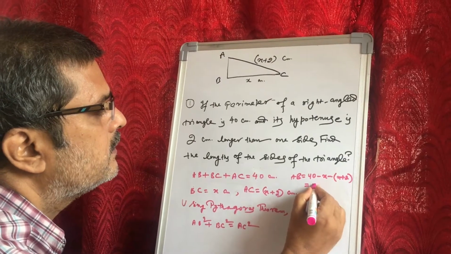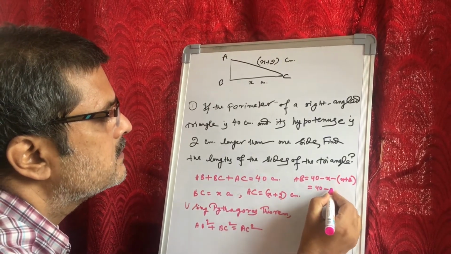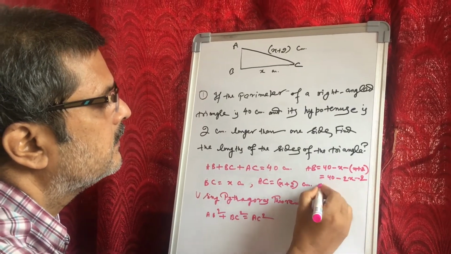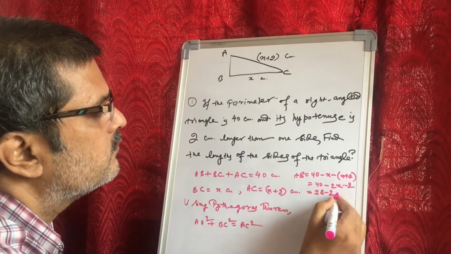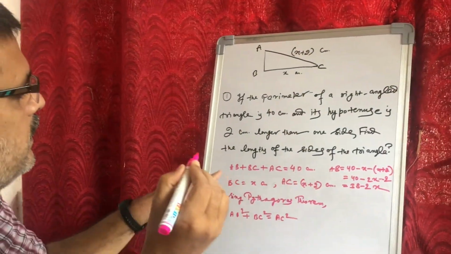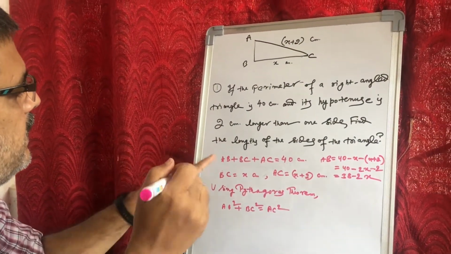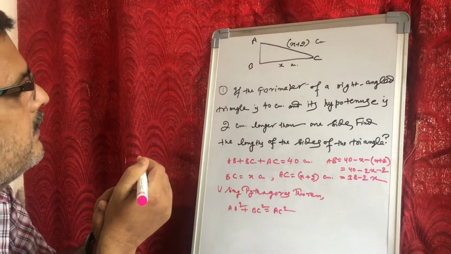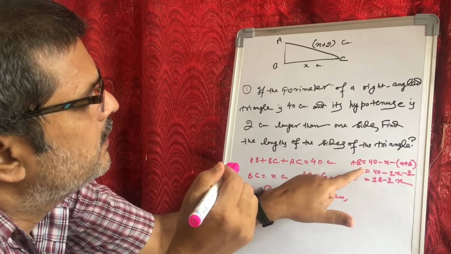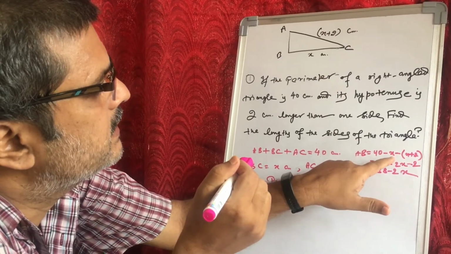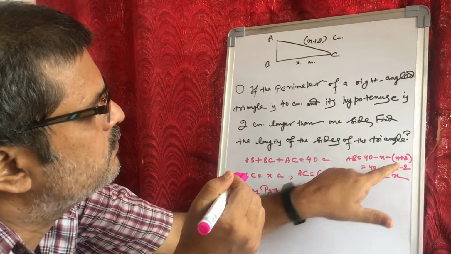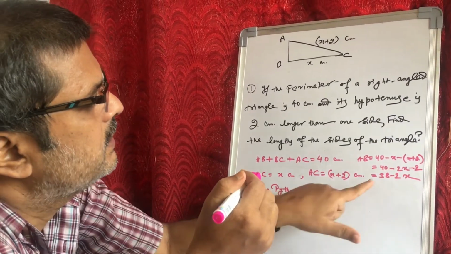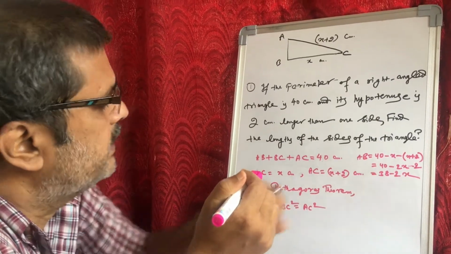Since it is given that AB plus BC plus AC is equal to 40, then AB is equal to 40 minus x minus within bracket x plus 2. So it will be 40 minus 2x minus 2, which is equal to 38 minus 2x.